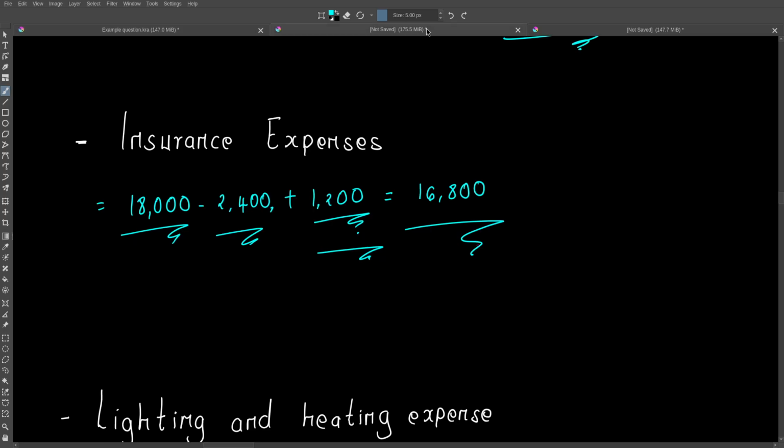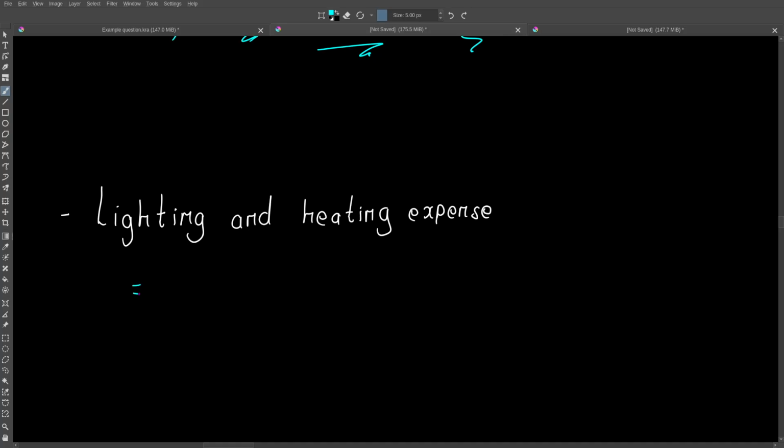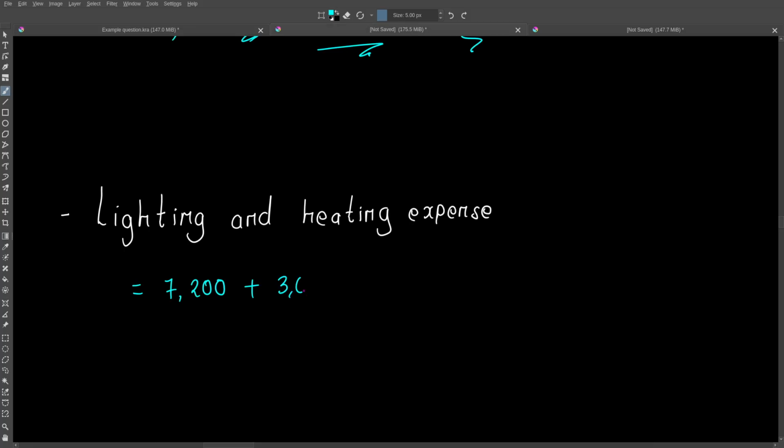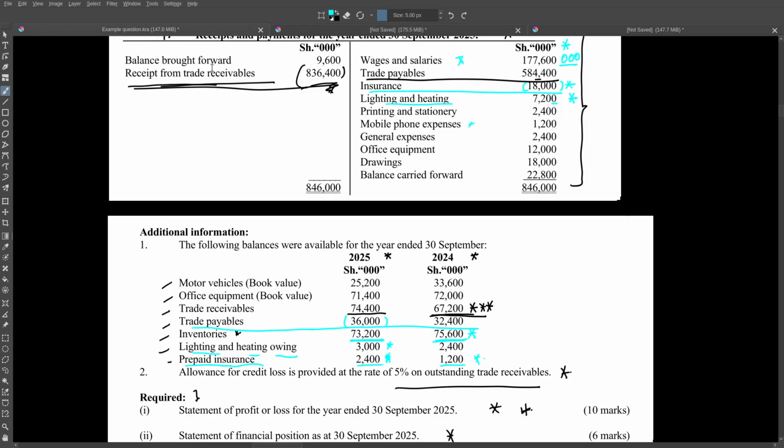So the first thing we do for lighting and heating is take the actual payment done and add these 3,000. And when we look at the year 2024, you can see there was an owing from the previous period of 2,400. This means the 7,200 that was paid was inclusive of an amount owed in the previous period.